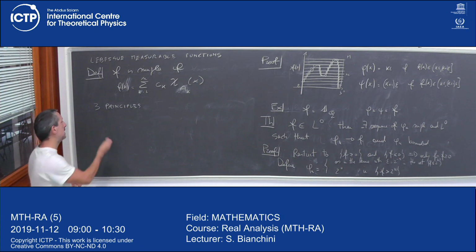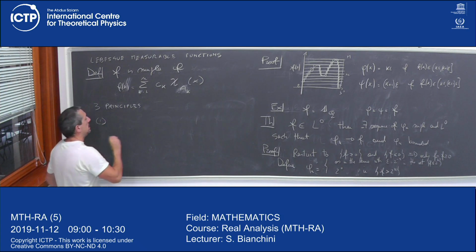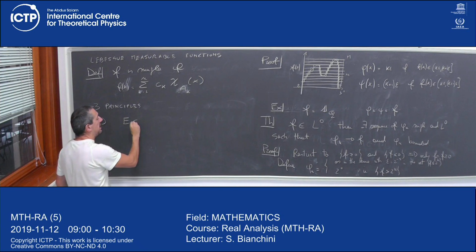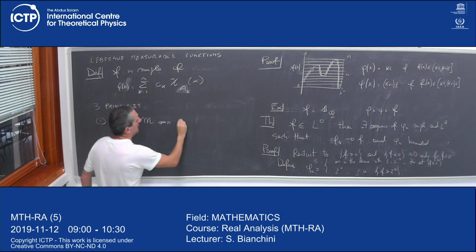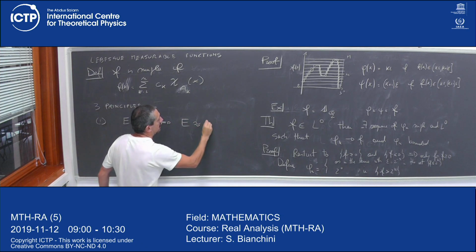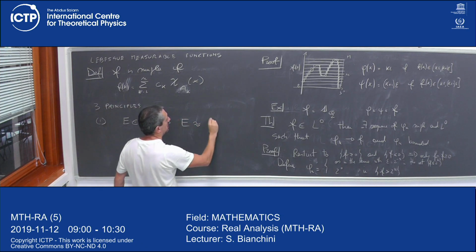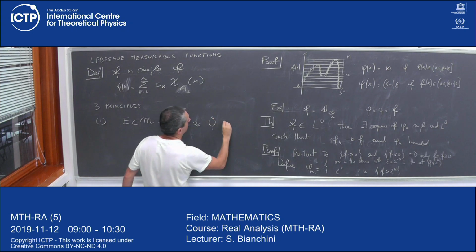So the first one is that if E is measurable, then E is essentially a finite union of intervals.